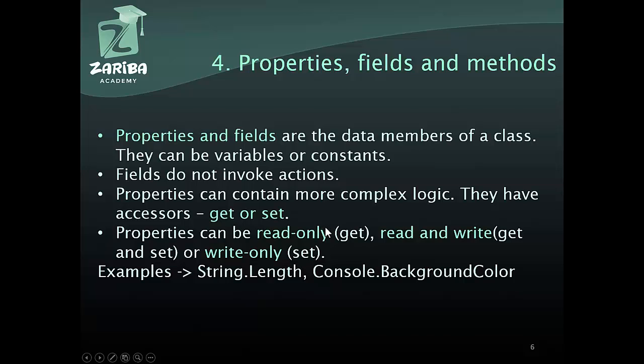Okay, properties can contain more complex logic. They have accessors which are get or set. So for the HP example, if I want to check what my HP is, I can see it, right? And this is the get. Get means that it gives you the value.